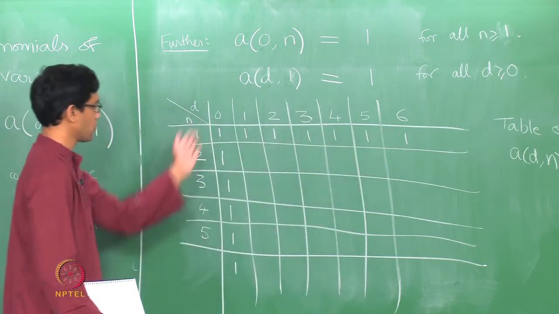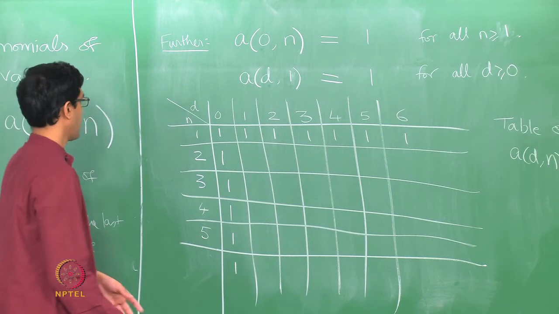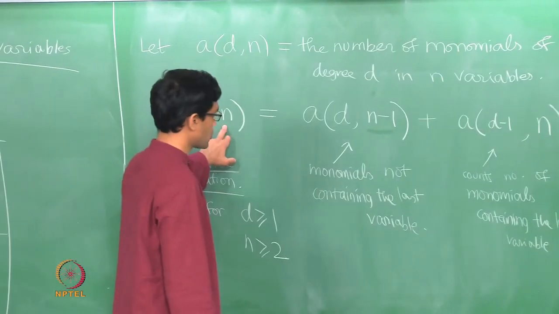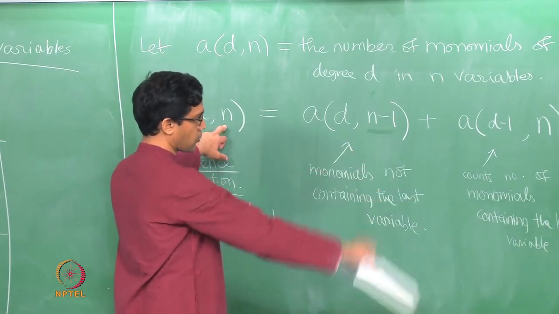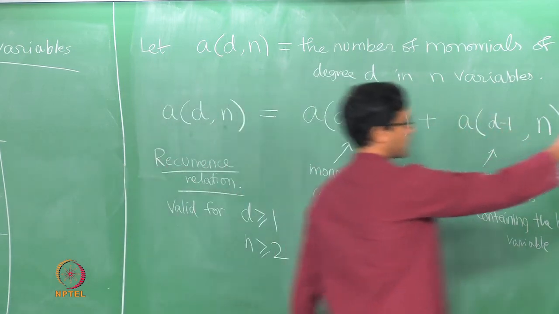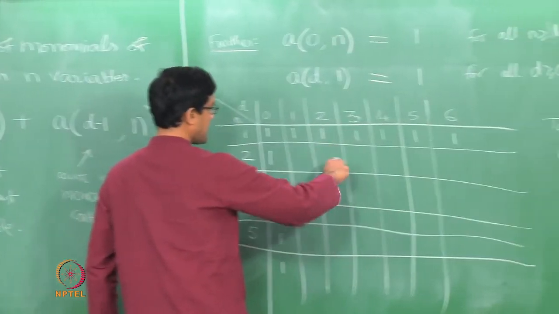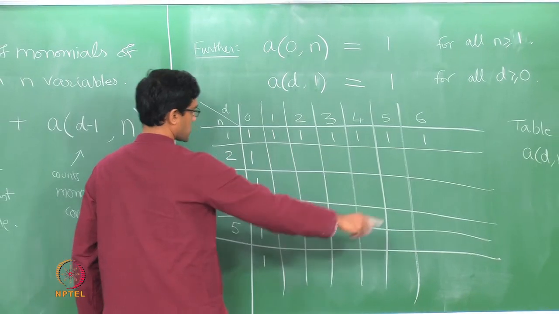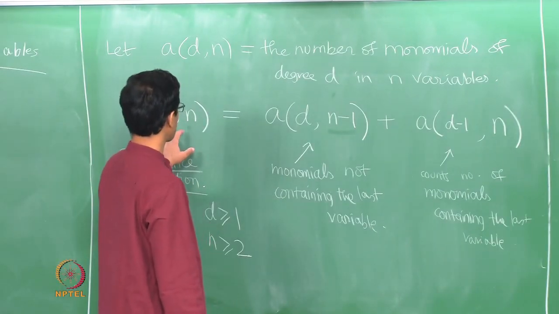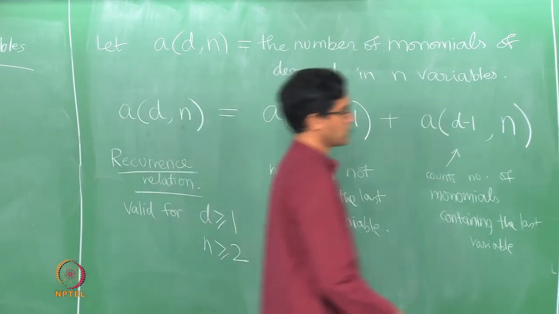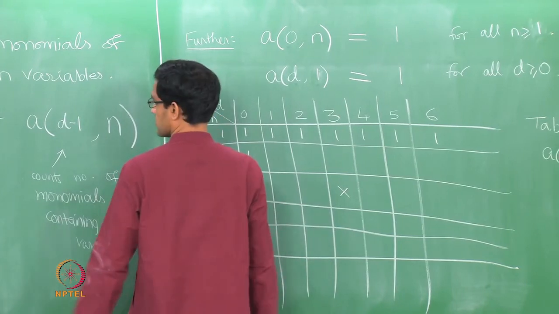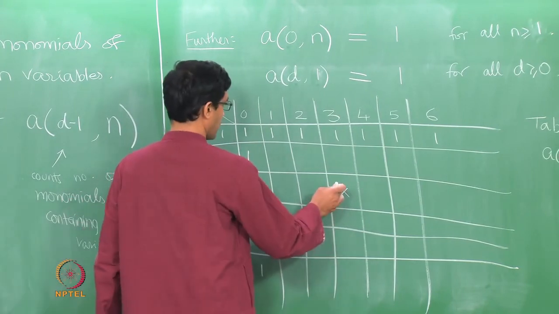So certainly the first row and the first column have all 1s in them, and now what the recurrence relation says is if n is at least 2, which means you are at least from the second row downwards, and if d is at least 1, which means you are at least from this column here, then a_{dn} for all these empty boxes is what the recurrence relation tells you. It says that if you want to compute the value in any box, you need to look at the one lower value of d.